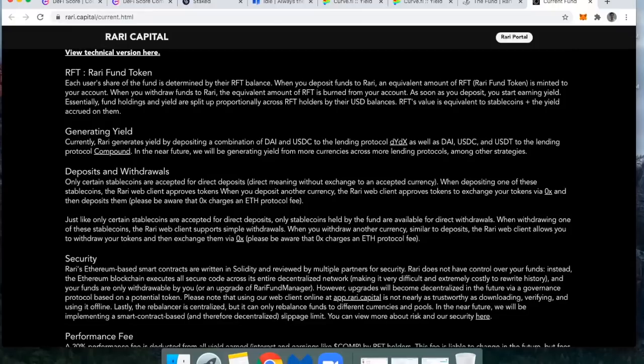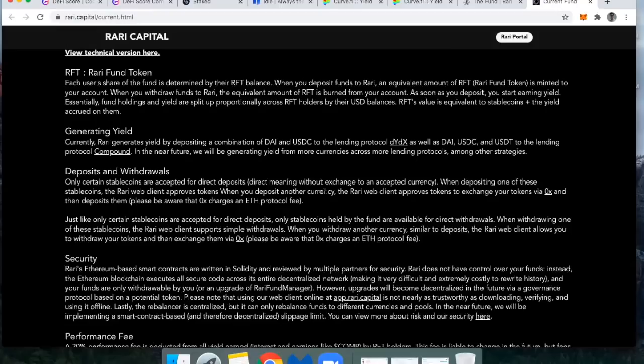You can literally see it says, we will be generating yield from more currencies across more lending protocols, among other strategies. So they'll bring in more pools in the future. But as of now, I just want to be conscious that IDLE.FINANCE and Staked and Curve, the Curve Y pool, these are all lending across more pools.